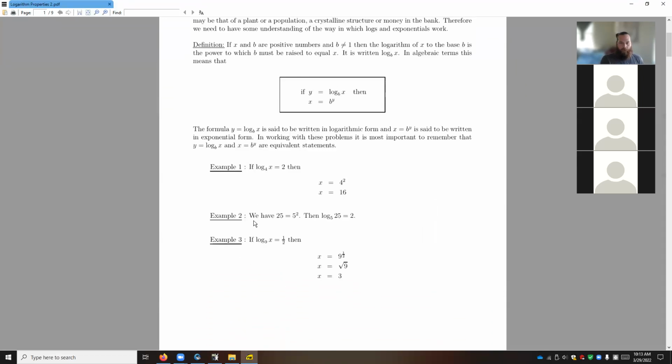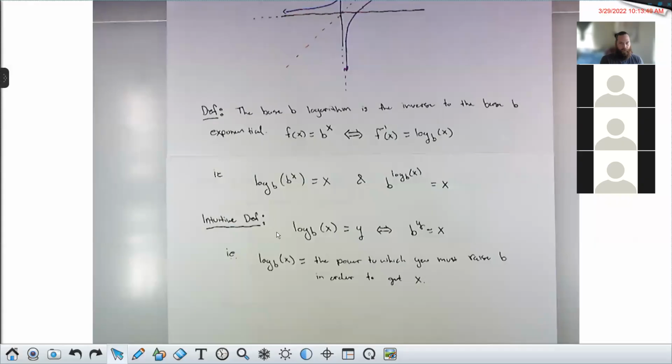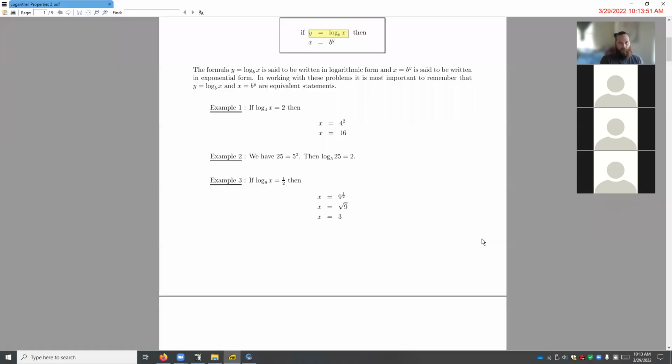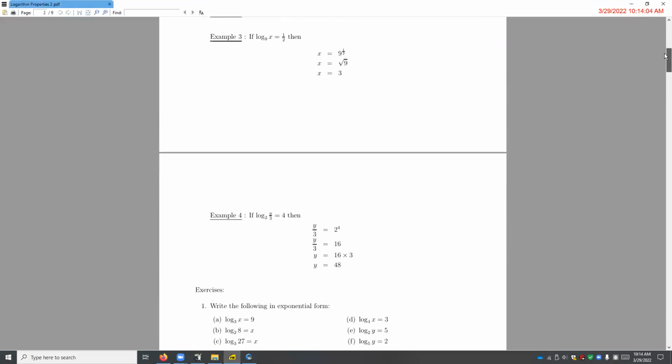So I want to work through a handful of these examples with you. You see here the very same definition that I gave here. Let's try. Let's jump to something.